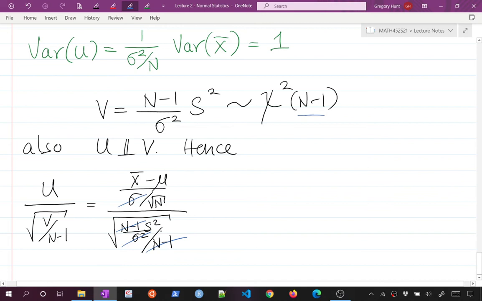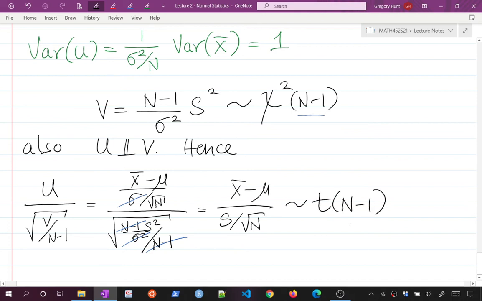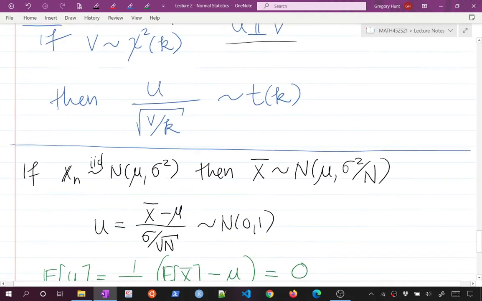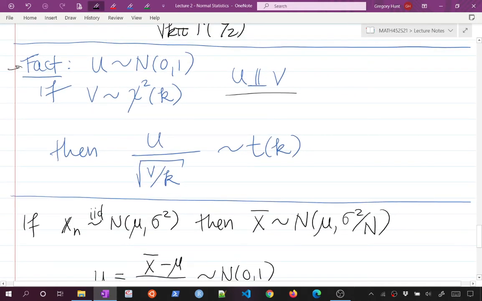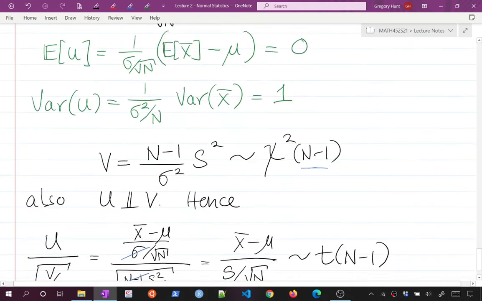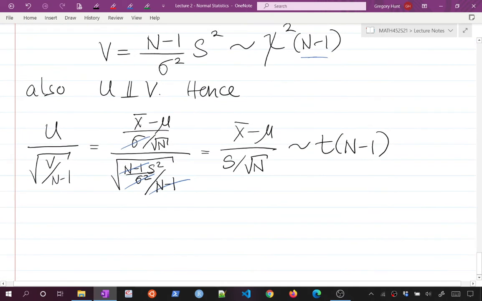That sigma cancels with the square root of sigma squared. And what we're going to be left with here is x bar minus mu over square root of s squared, let's just call that s, divided by the square root of n. Our claim is that that's a t distribution on n minus 1 degrees of freedom, right? This is what this theorem, or this fact, said. Since all the conditions are met, that is a t distribution on n minus 1 degrees of freedom.